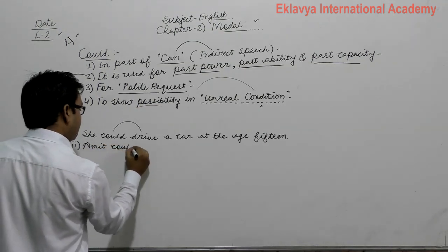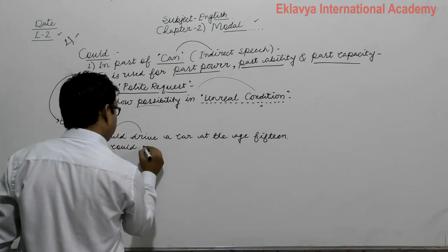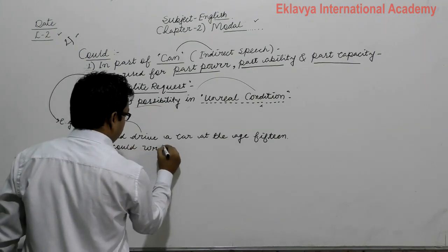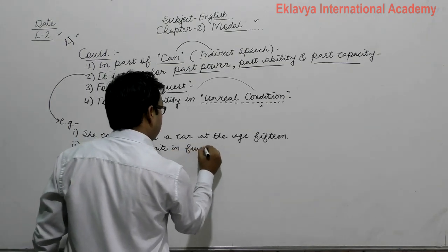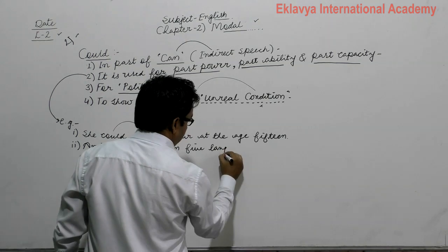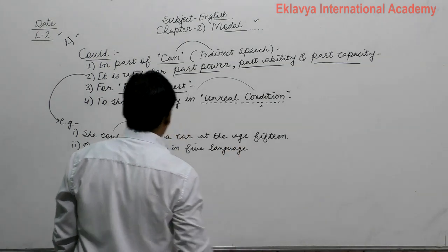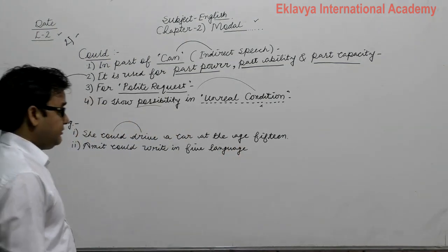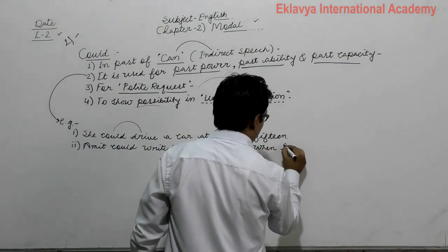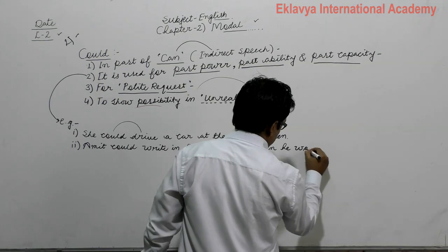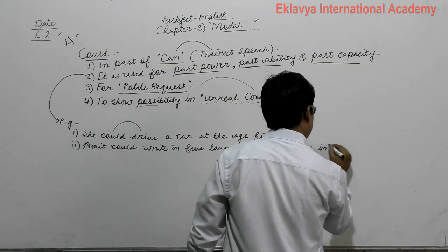Okay, example number 2. Amit could write in 5 languages. Amit could write in 5 languages when he was in college.